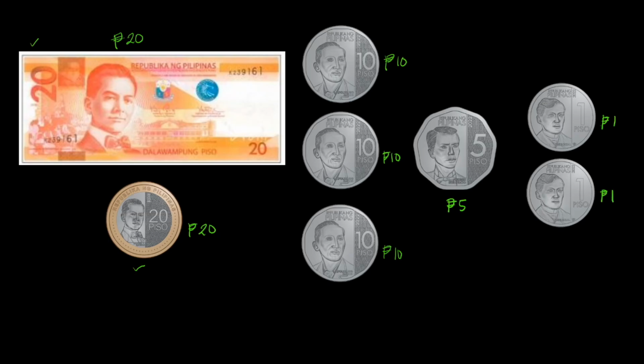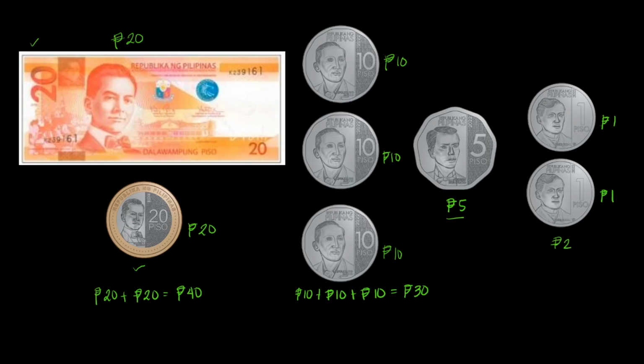So let's count first the tens. We have two 20 pesos. So that's 20 plus 20 equals 40 pesos. The three 10 pesos is the same as 10 plus 10 plus 10, which is equal to 30 pesos. And we have one 5 peso coin. And these two 1 peso coins are worth 2 pesos.